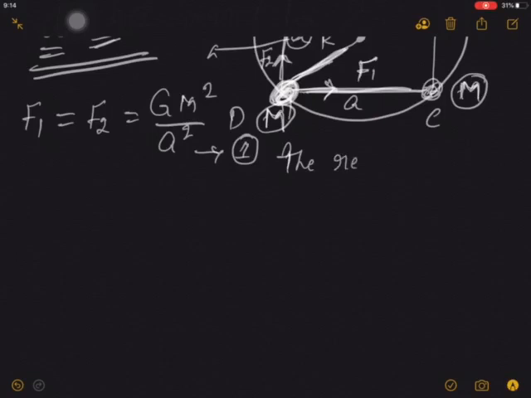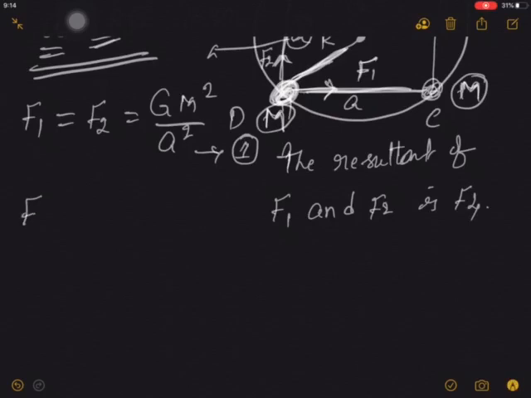So the resultant of F1 and F2, if you are writing it as F4, then F4 is equal to root over F1 square plus F2 square, as F1 and F2 are separated by 90 degrees.